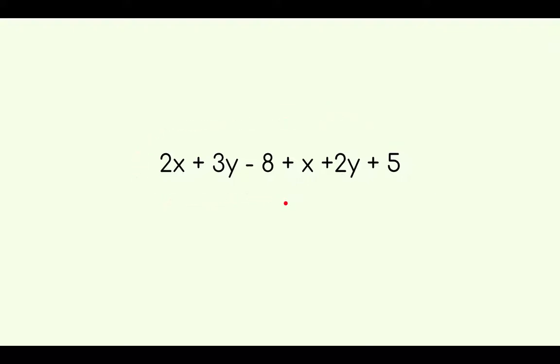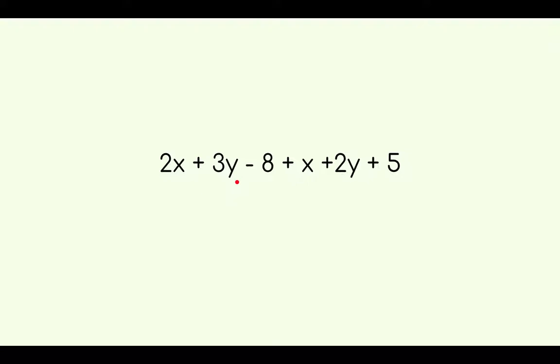Within the expression, you are combining variable terms and then constant terms. Variable terms are terms that contain a variable, which are the unknown in math. It's the letters and they represent the unknown.